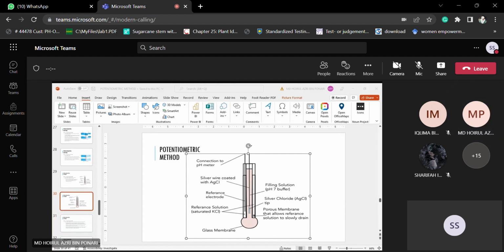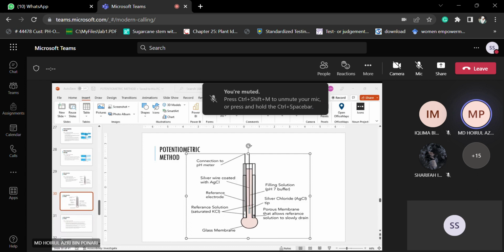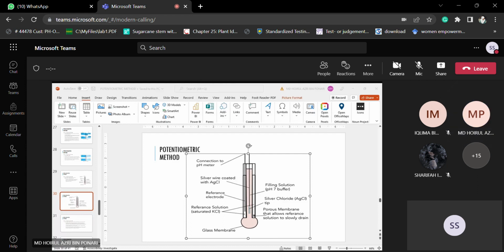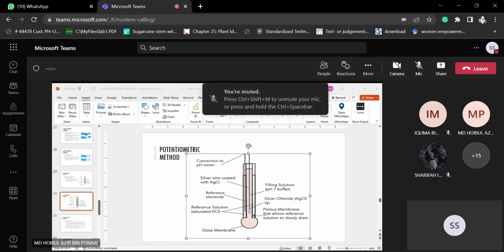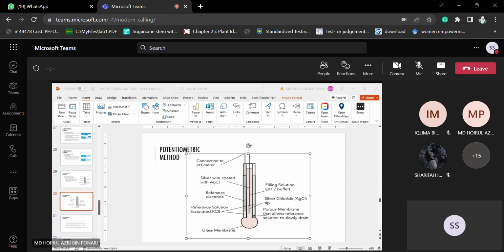Okay. So apart from the pH meter, what other instruments use the potentiometric principle? EC.